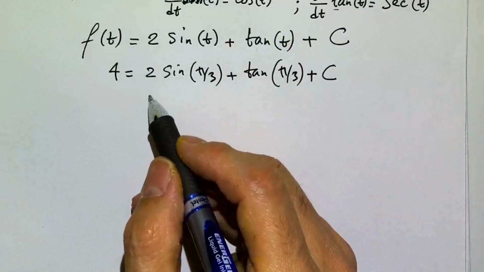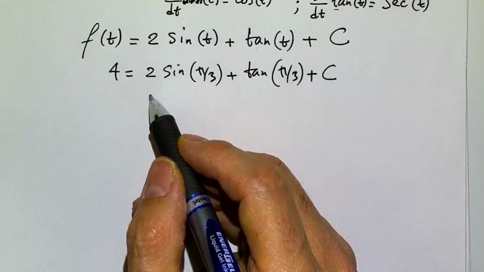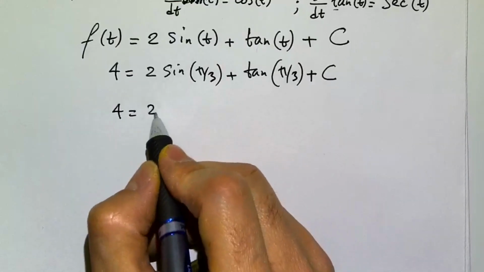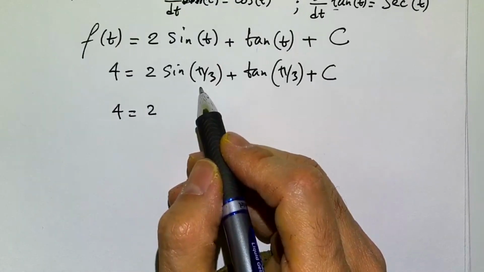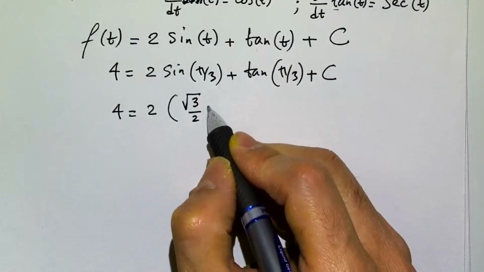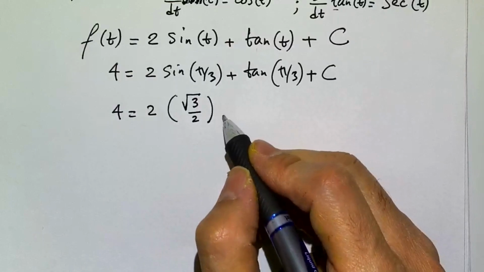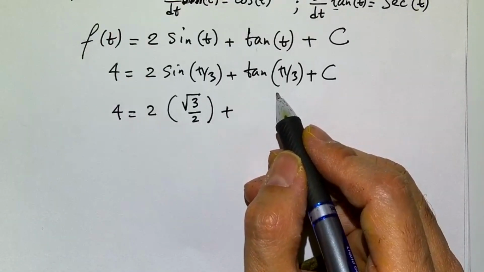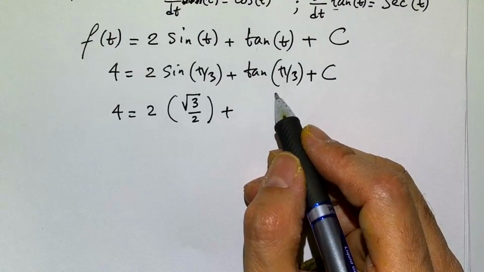Okay, so what do we have? We have 4, sine of pi over 3 is square root of 3 over 2. We remember that from basic trigonometry. And tangent of pi over 3 would be square root of 3.